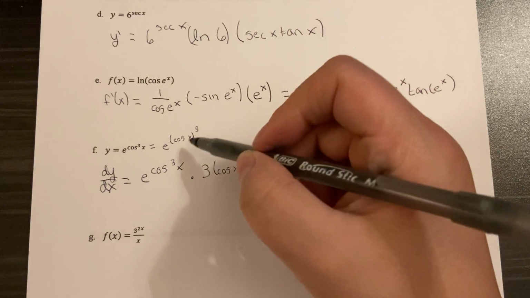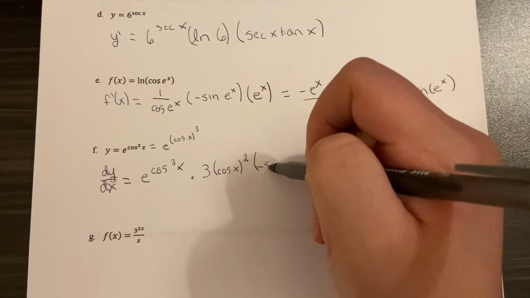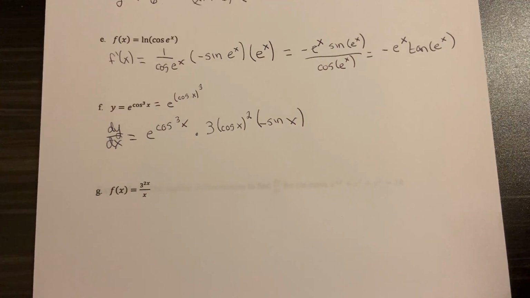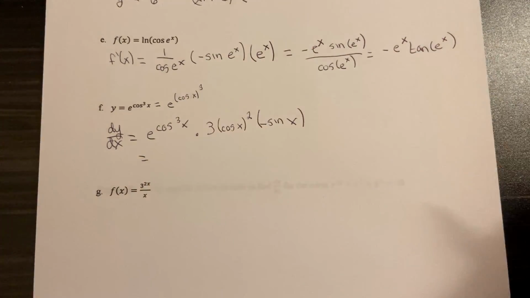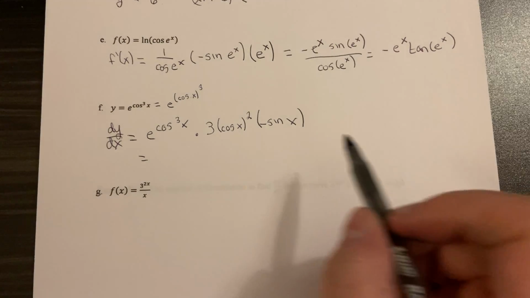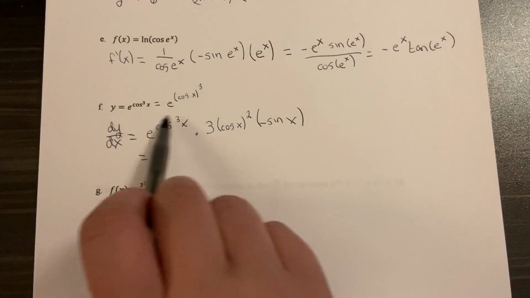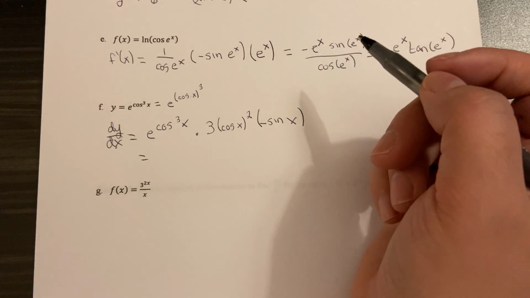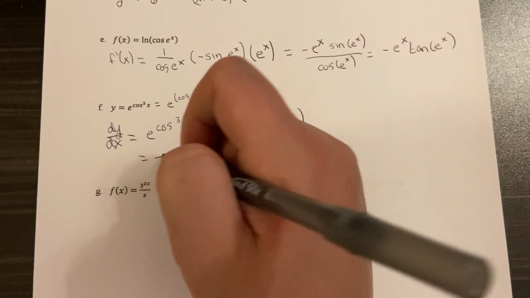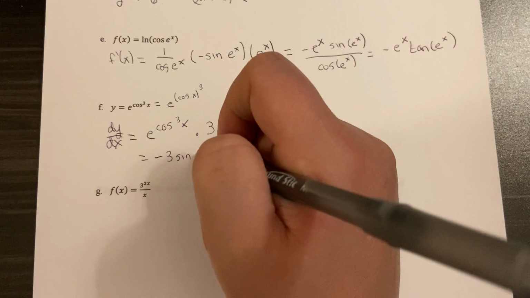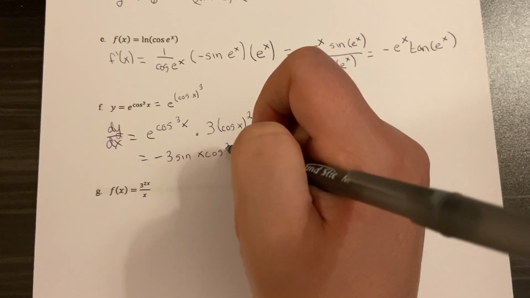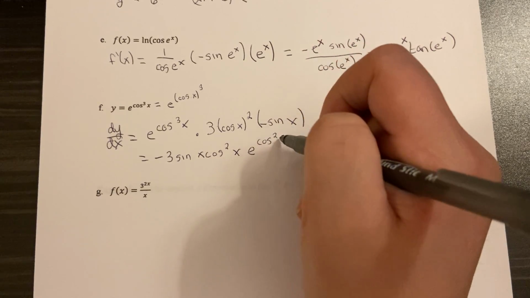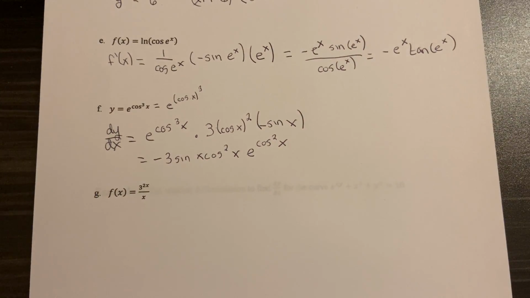But then you have to multiply by the derivative of the inside, which is negative sine of x. And then, again, I just took one line and rewrote this all better. So you want to put anything with e to the exponent or exponential last when you rewrite it. So I'll take the negative 3 sine of x cosine squared x, and then e to the cosine cubed x would be my final answer.